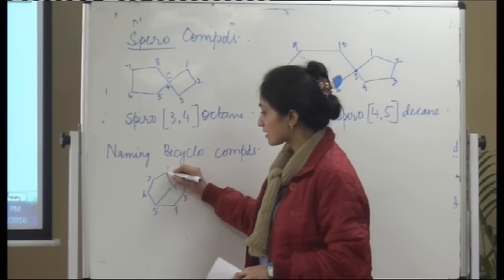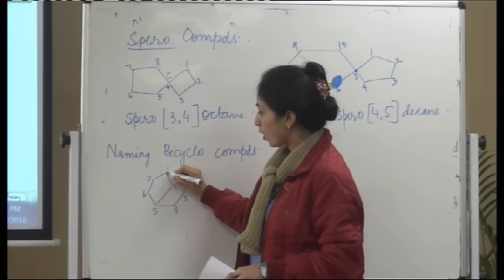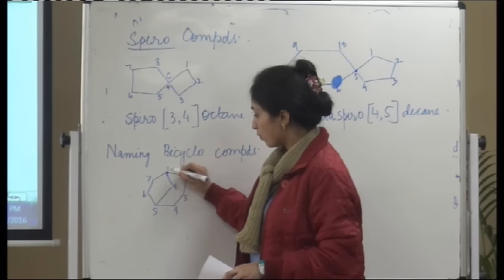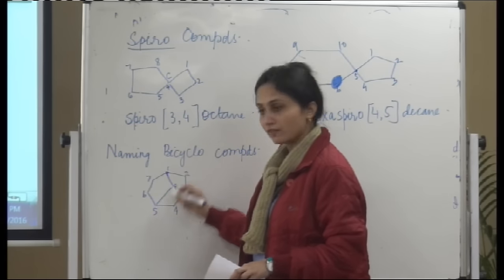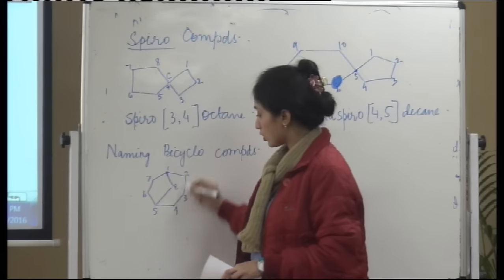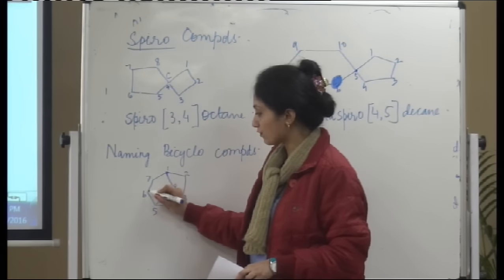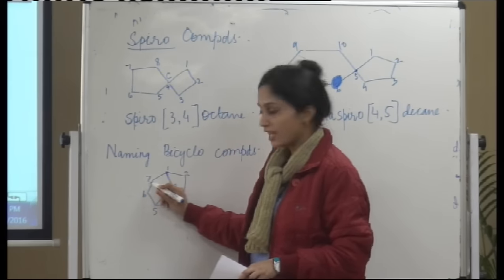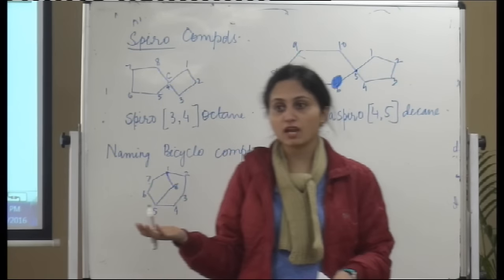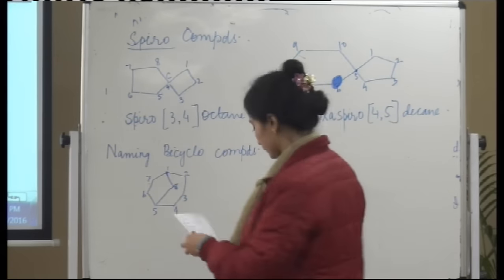The numbering can start from one of the common links and goes in continuation as 1, 2, 3, 4 and 5. Now you will take care that the biggest one goes ahead first. So here you had 5 carbon atoms, then you are left with only 2 more, 6 and 7, and your bridged carbon atom will be given the last number. You will come on to the bridged carbon atom in the end, so it will be 8.